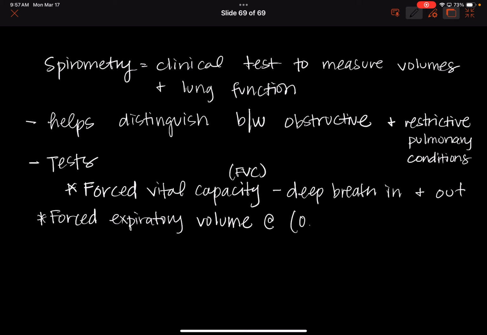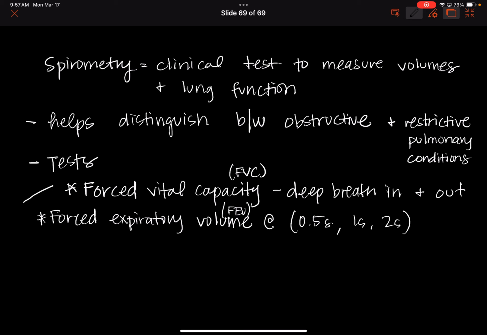So they'll measure it at half a second, they may measure at 1 second, 2 seconds. They do it at different intervals. And this is called FEV, forced expiratory volume. So you'll have an FEV 0.5 where they measure it for half a second, FEV1 where they measure it for 1 second, FEV2 if they measure it for 2 seconds. Okay, that's how they name them.